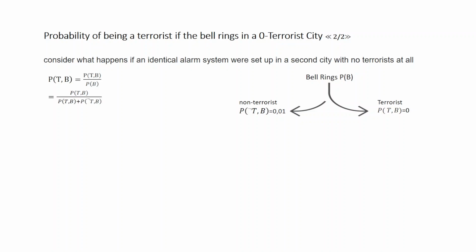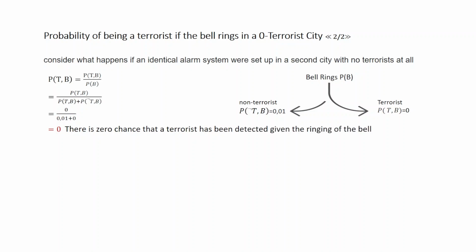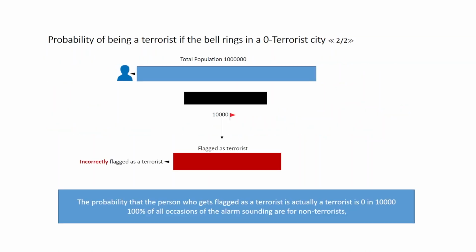However, in the city there are no terrorists. That means the probability here is 0. And that gives us that the probability of the bell ringing and that person being a terrorist is 0, which means the alarm system in this way will give us 100% failure. Every time you scan somebody, you are flagging them wrongly as a terrorist.